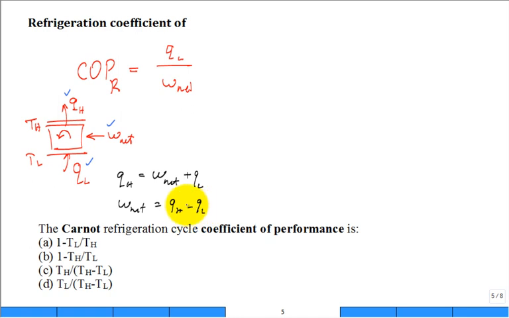Maybe you recall seeing that done in the previous class. So you could put QL divided by QH minus QL. And then you could say, well, this is QL divided by QH, and this is 1 minus QL divided by QH. Nothing to do with Carnot yet.